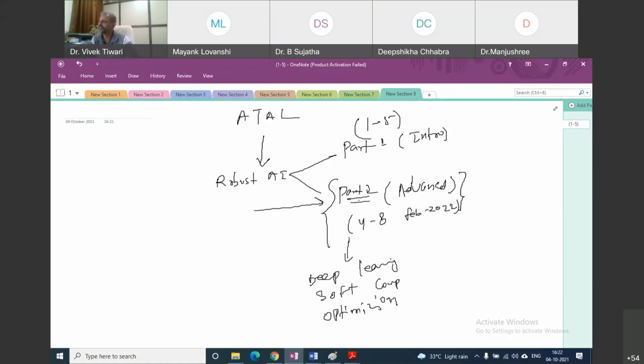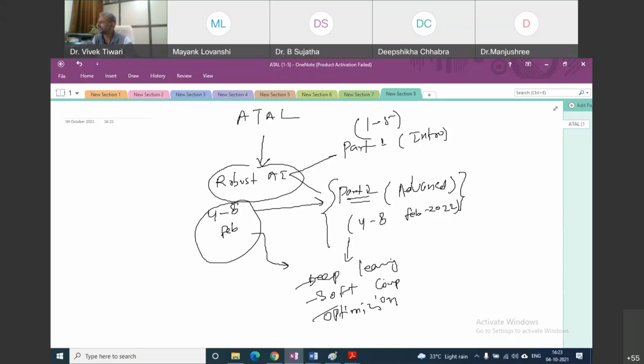Go to the portal, select Chhattisgarh, enter the month, February 2022, and you will find IIITNR having only a single FDP listed there. The name of the FDP will be the same, 4 to 8 February. Is it clear to everybody? That FDP will have more advanced topics like deep learning, soft computing, optimizations, and many more.